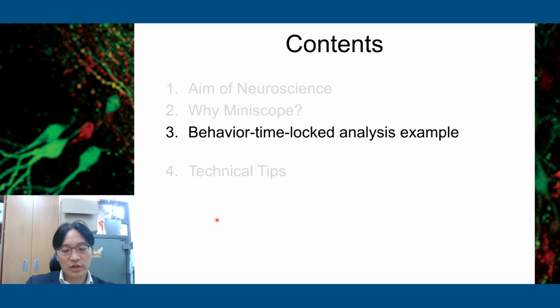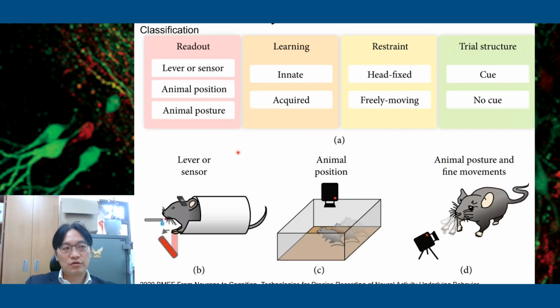And let me do the main part of the talk. I'm gonna tell you about how we use them in a certain way, so we can have behavior time-locked analysis. As I told you, when you design your experiment, you should think about these components.